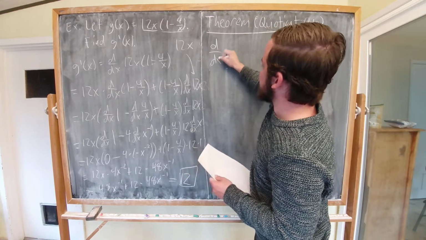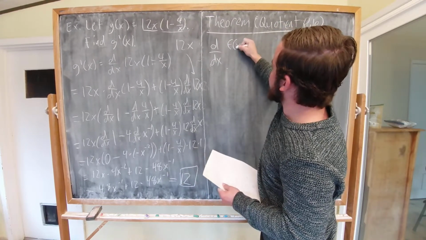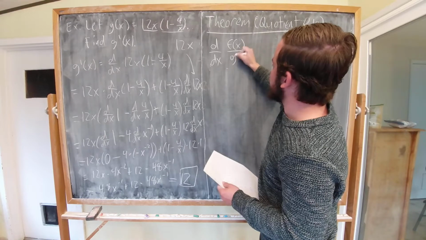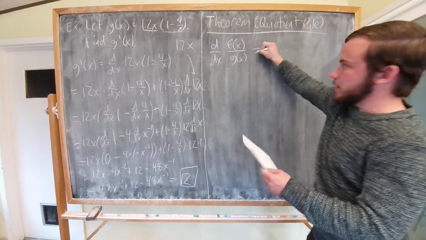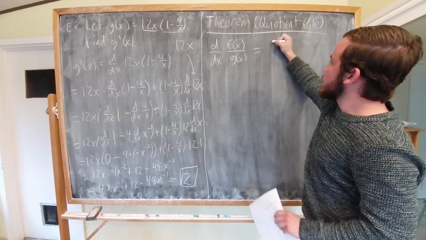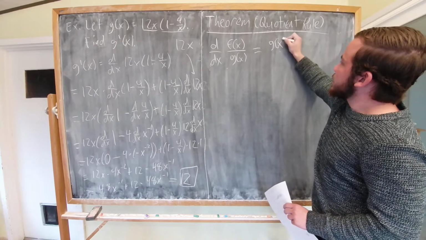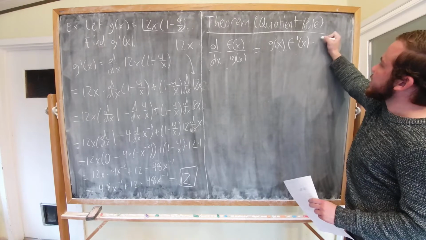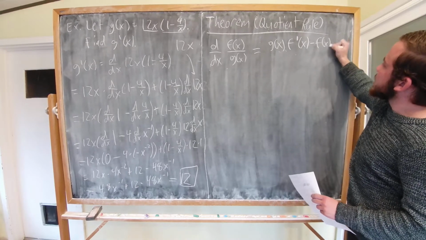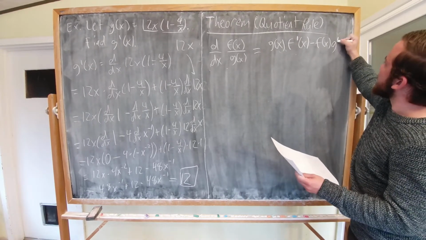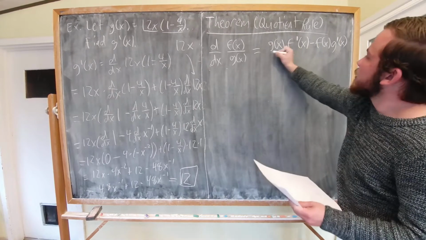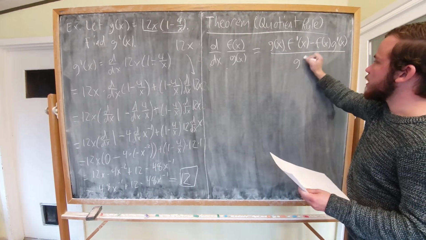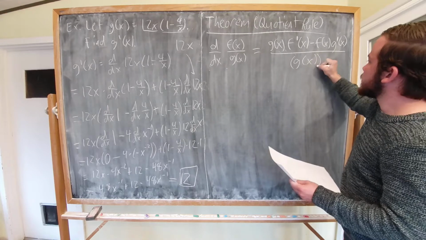The derivative with respect to x of f of x divided by g of x is equal to g of x times f prime of x minus f of x times g prime of x, divided by g of x squared.